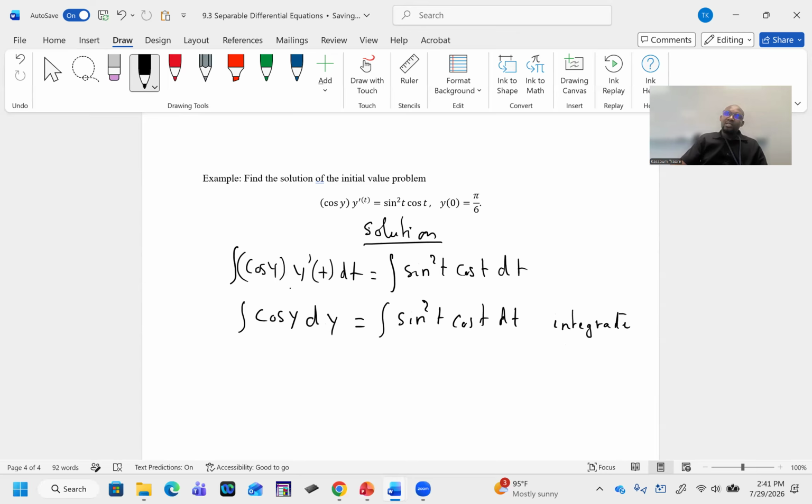The integral of cosine of y is sine of y. And this one is 1/3 sine cube of t plus c.